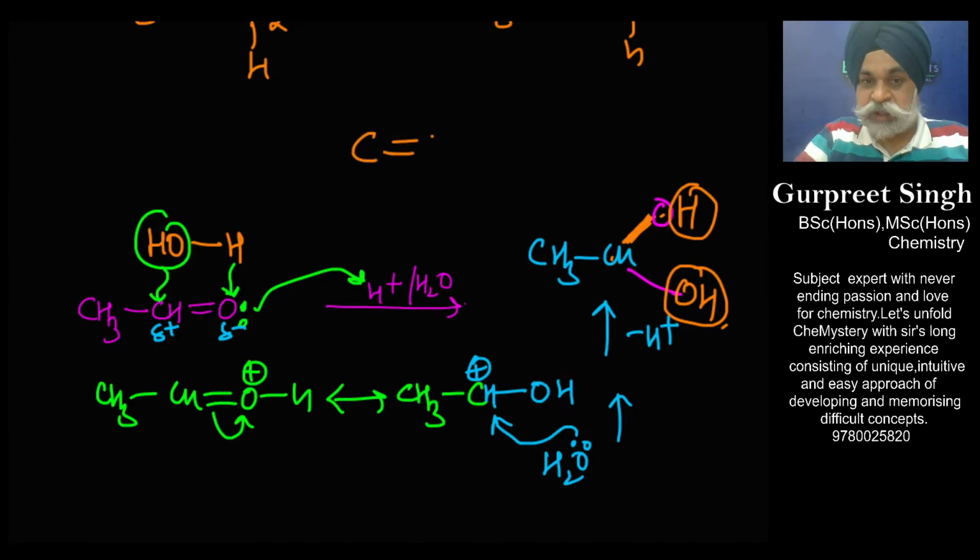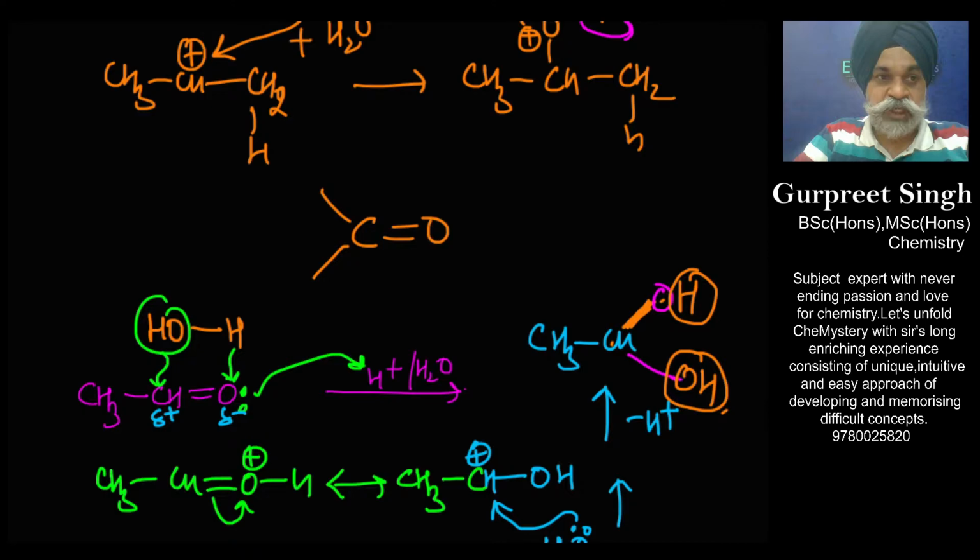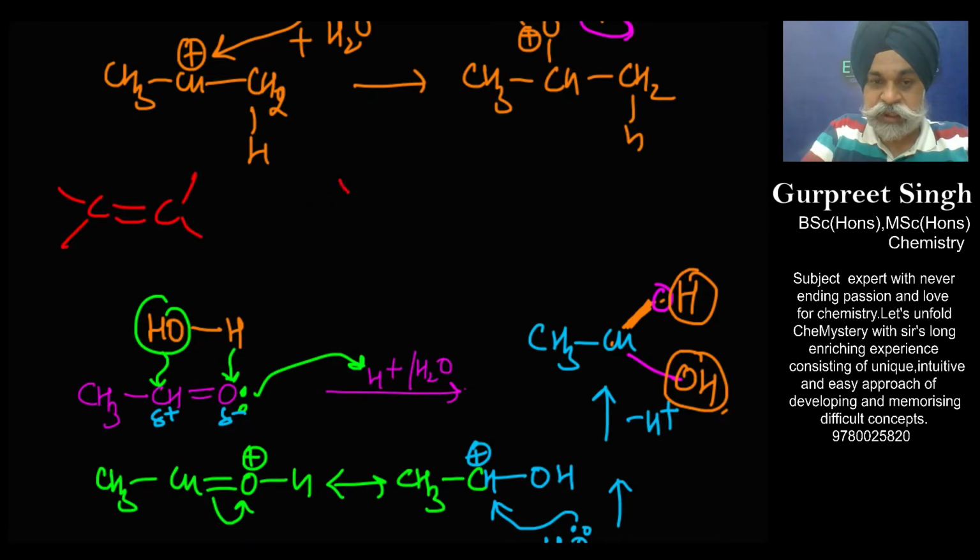So across the double bond, if you do the addition, what I'm trying to say is that wherever you have a double or triple bond of this type, and you add some reagent to it, the reagent goes like this: A goes here, B goes here, or A goes here, B goes here.